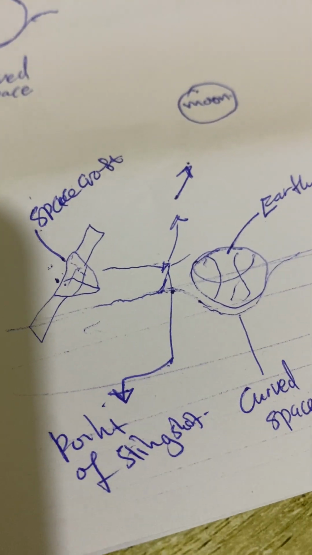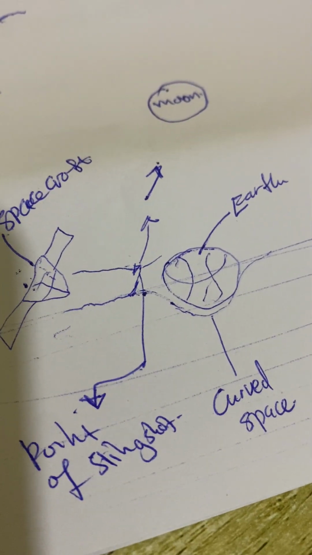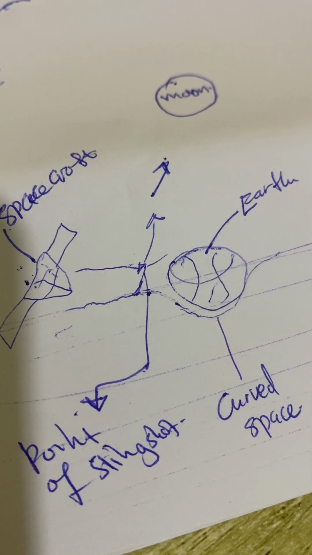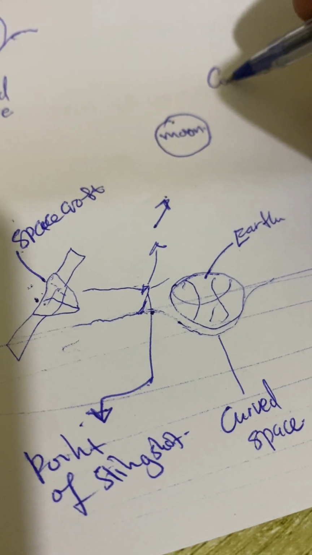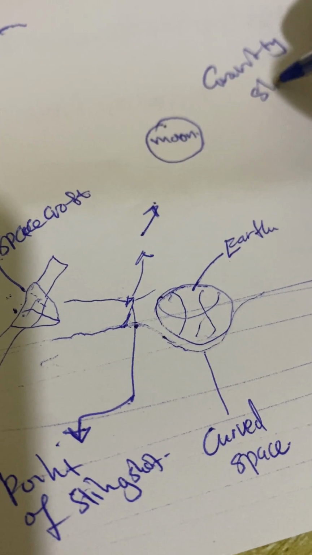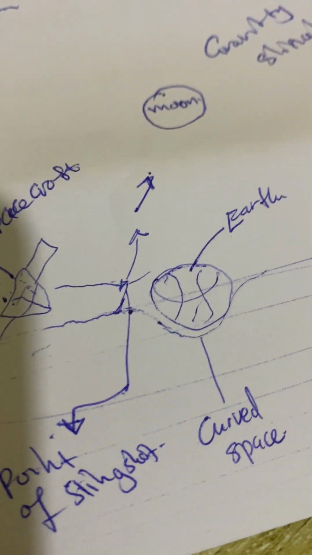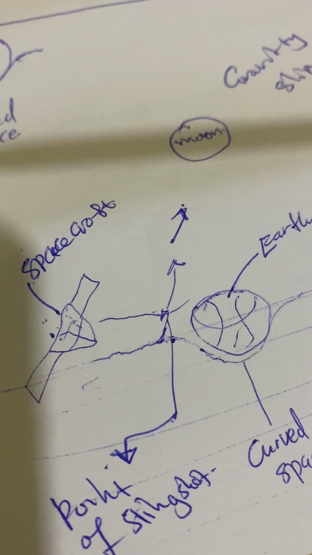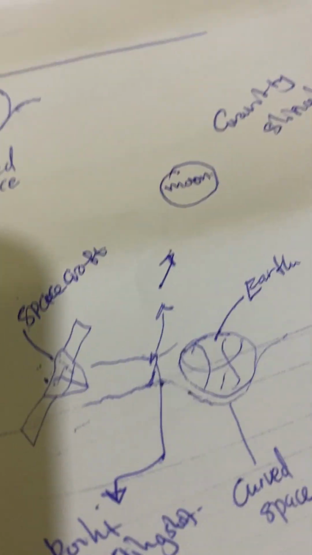Hi, so I'm going to try and explain slingshot, what gravity slingshot means and how it happens. This is how I understand it, gravity slingshot. Think of the spacecraft Artemis that has been going to the moon.